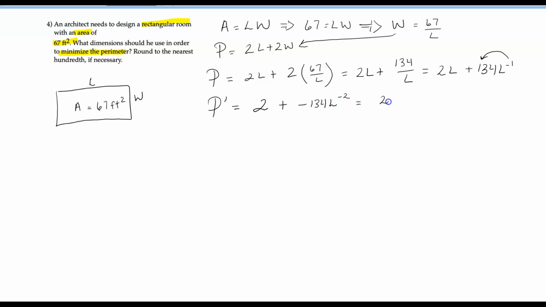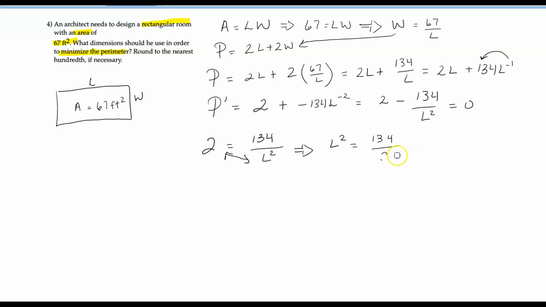Okay, so what does that look like? 2 plus, well, that's actually minus 134 over L squared. And I set this equal to 0. And now that I've set it equal to 0, I can write it out like this, and then I just have to crisscross here. I can say then that L squared equals 134 divided by 2. All right, and I know that that goes in evenly.